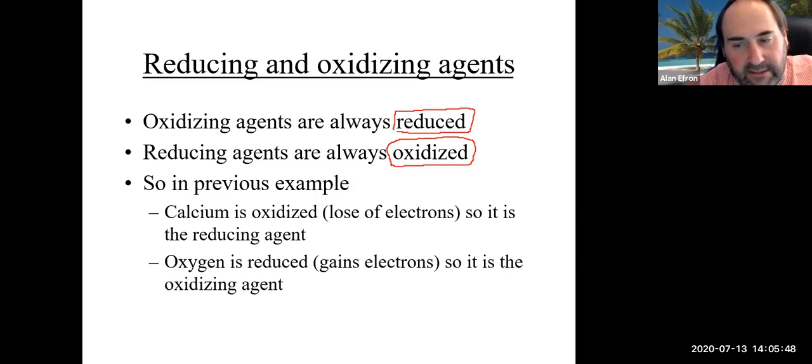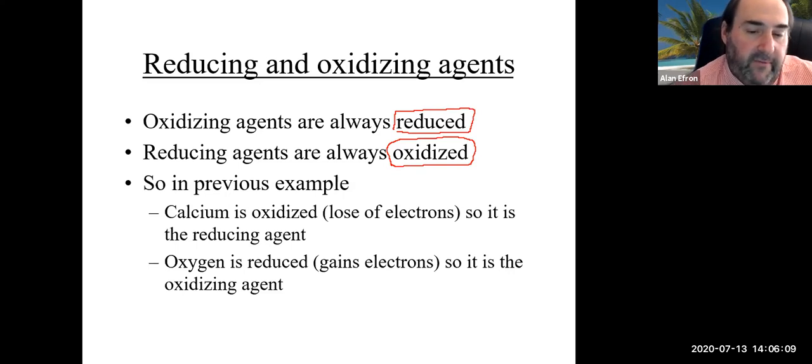So when you're asked about the agents, they're talking about really the opposite of their names. So again, that oxidizing agent is the thing that gets reduced, while the reducing agent is the guy that gets oxidized. The reason for that naming is because that is what they cause to occur in the other substance.